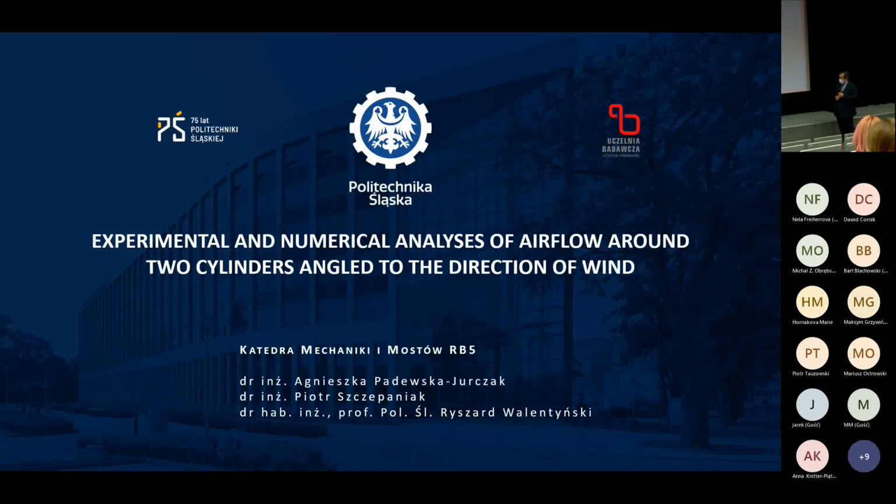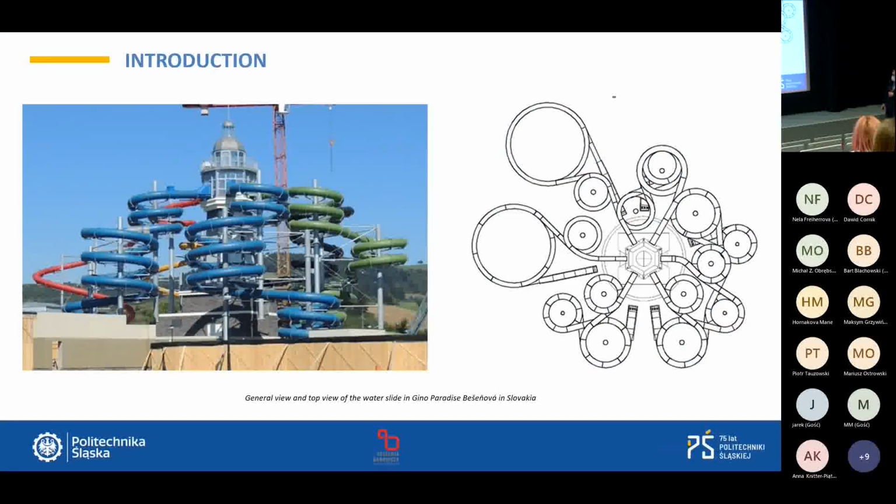And as we know, the success of a teacher is the success of a pupil. So Dr. Szczepaniak made his research on building such tunnels built of cylinders and torus in many places.